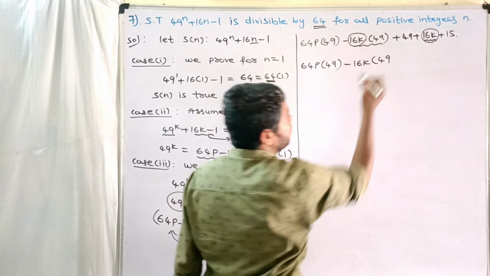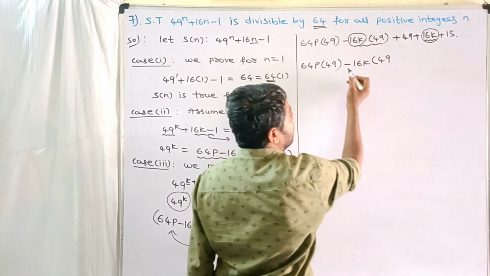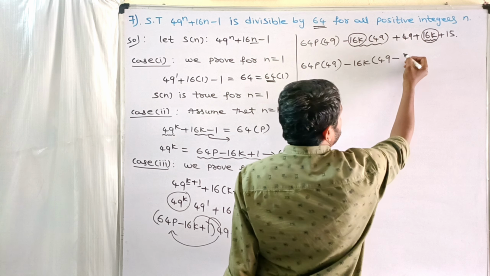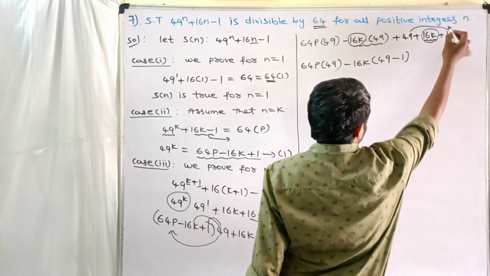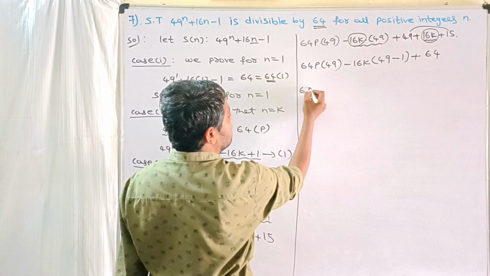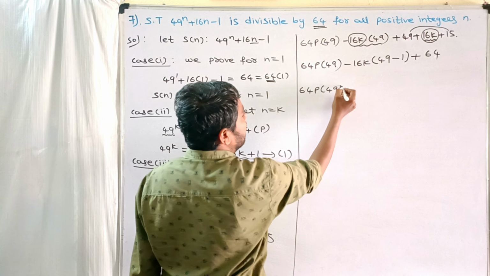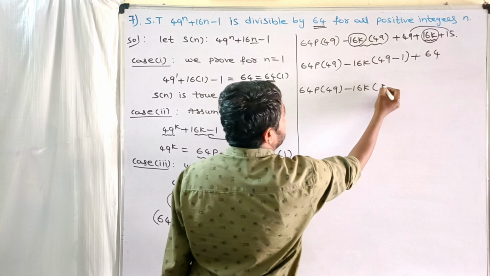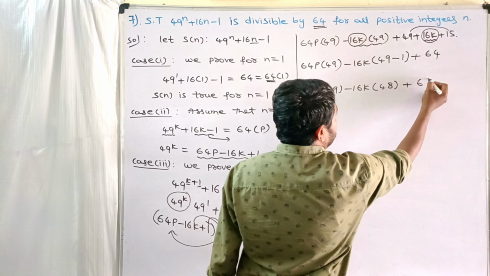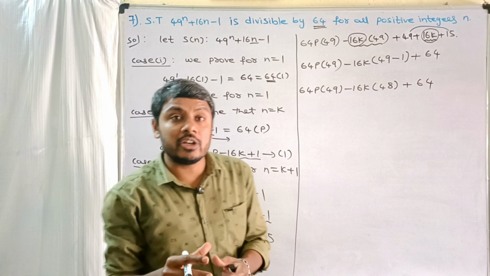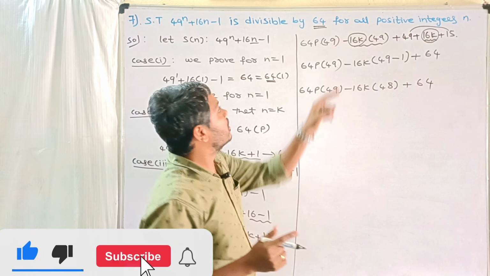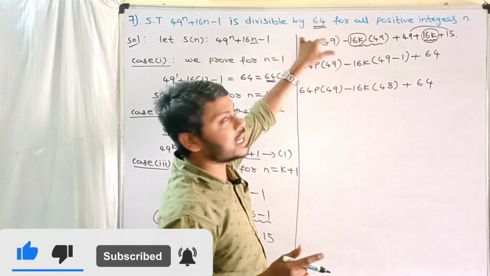Here 49, and here plus 16k becomes minus 1 inside the bracket. Then 49 plus 15 is 64. So we get 64p into 49 minus 16k into 48 plus 64. Here our aim is to take 64 common, because we want to show it is divisible by 64.